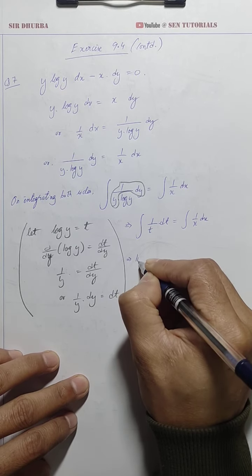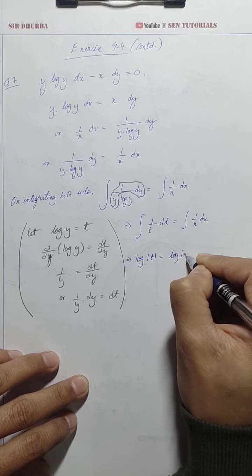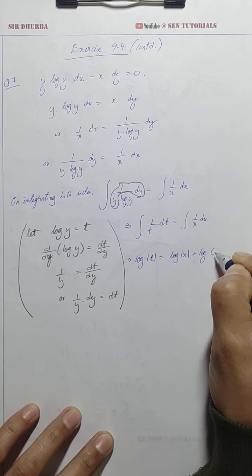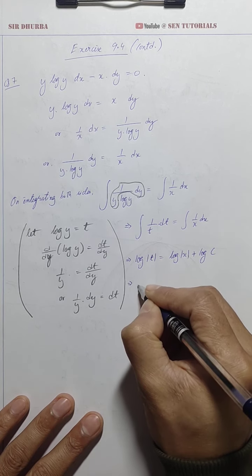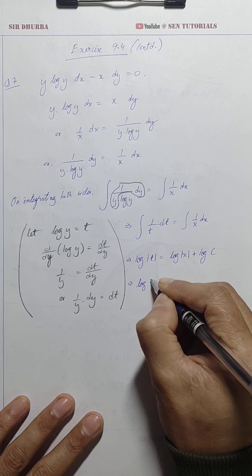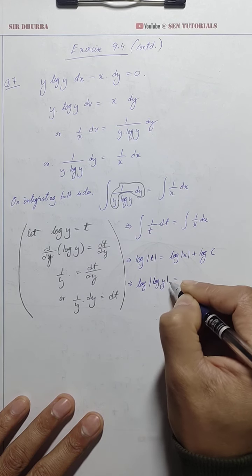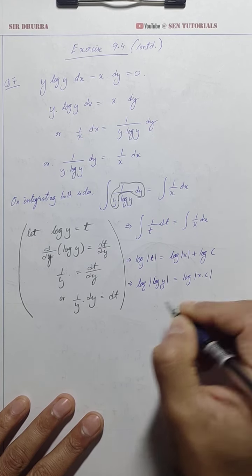So what do I have here? I have log of t, here I have log of x. For the constant, if you remember from the last video, we take log c instead of constant c. So that will be log of t. What is t? That is log y, no? Equal to log of x into c.